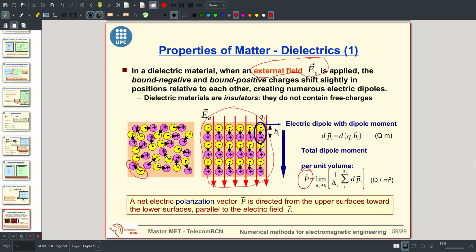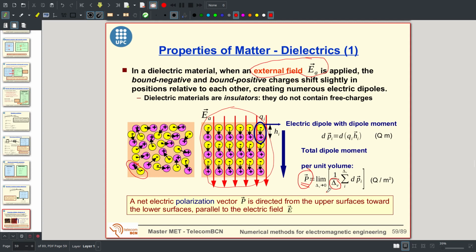We get an overall sum of these dipole moments that, if we divide by unit volume, gives a polarization, so we can define a polarization vector. This polarization vector is just the sum or integral of all the microscopic dipole moments of the aligned molecules inside the dielectric over the volume.